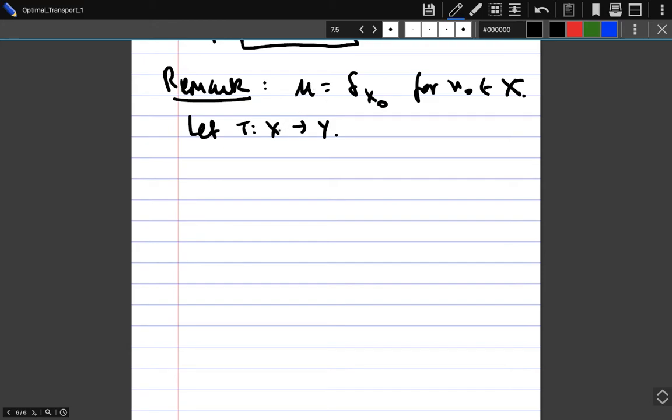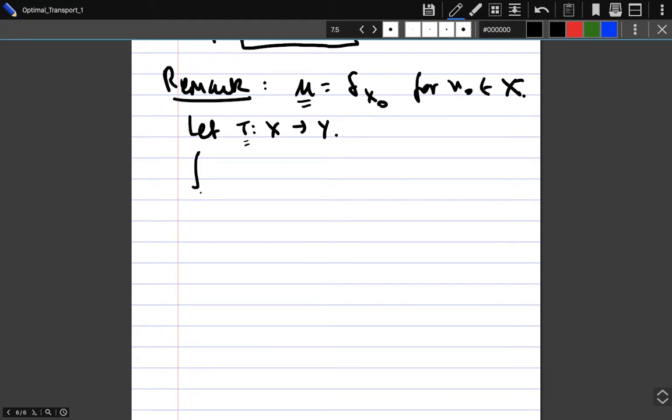We want to see that if nu is not exactly a Dirac mass also, then you won't be able to find a push forward measure. So perhaps it's better if I just do some computation. So we start with nu, and we have T, and let's just compute something.